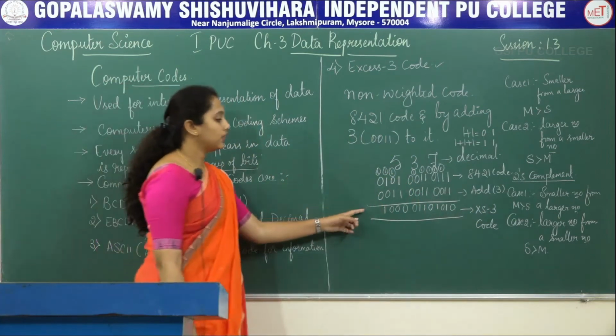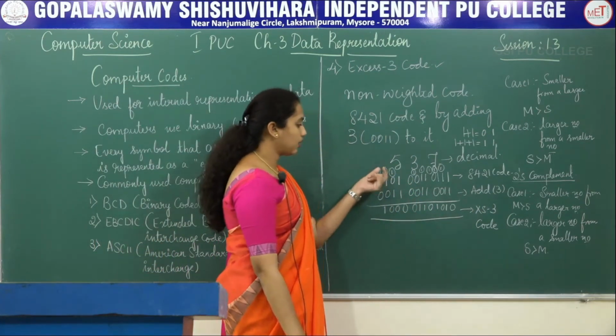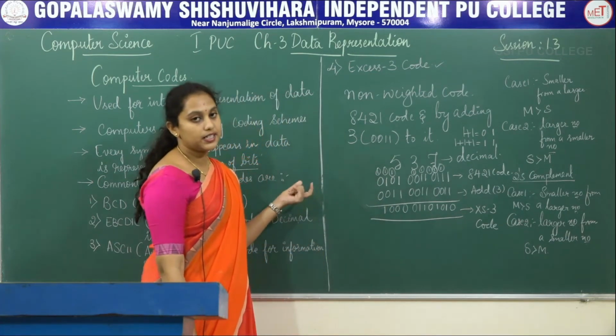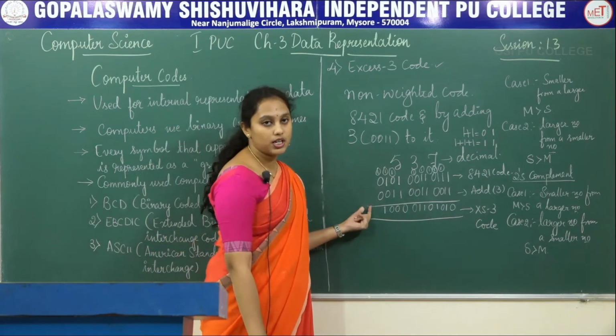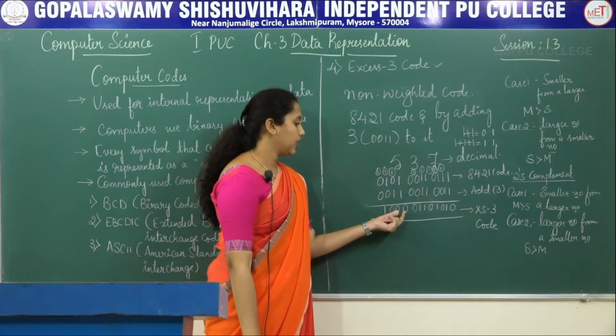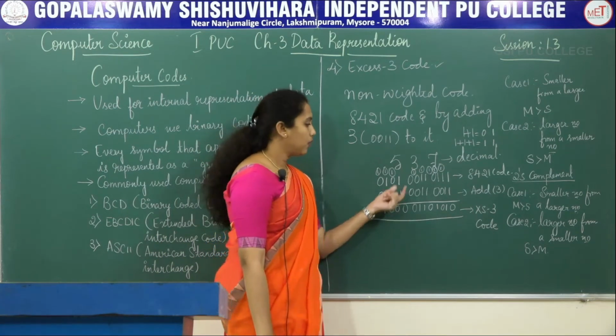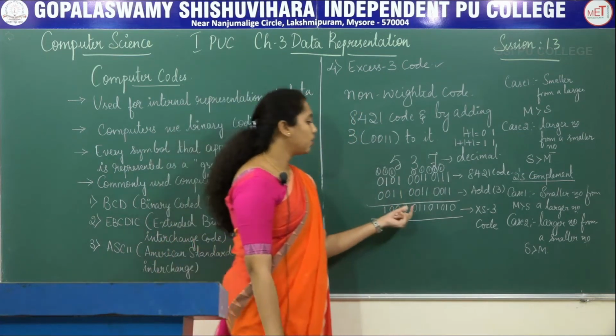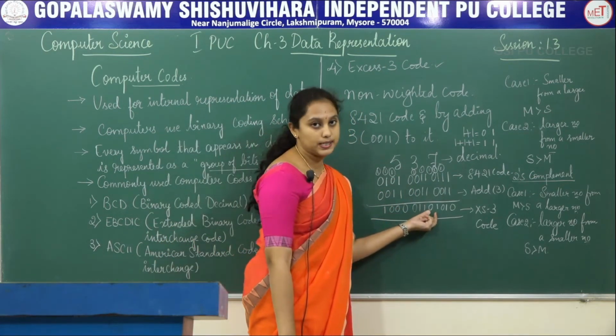Check whether the obtained value is correct or not. What is 5 plus 3? 5 plus 3 is 8. How to represent 8 in 8421 code? It is 1 0 0 0. What is 3 plus 3? 3 plus 3 is 6, so 0 1 1 0.